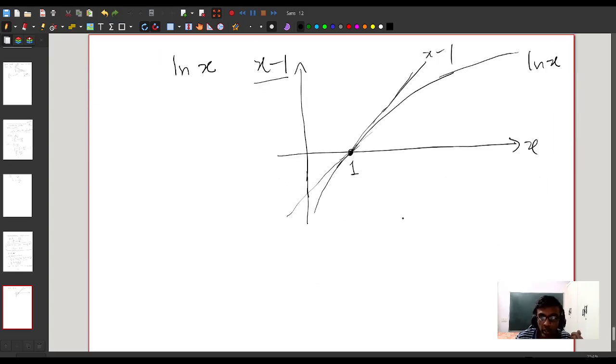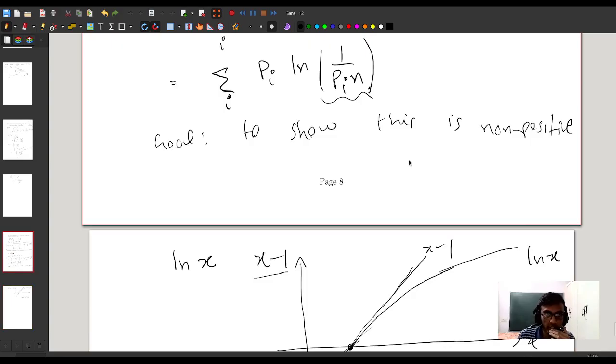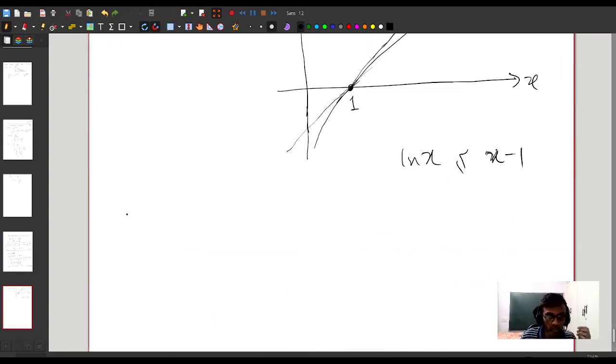So we have this property that ln x is always less than or equal to x minus 1. So we can use this here in the expression we got.